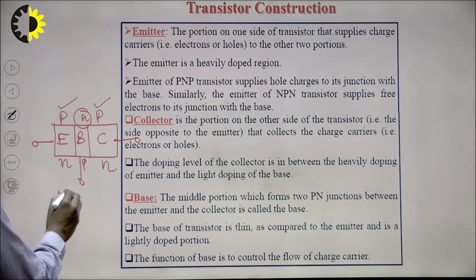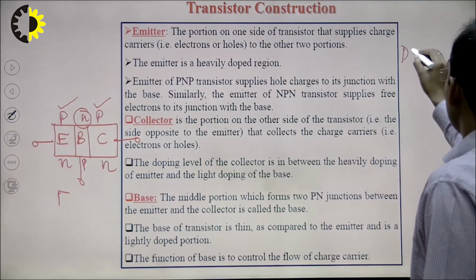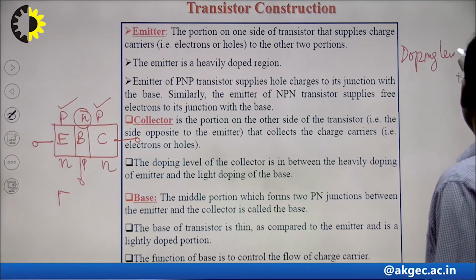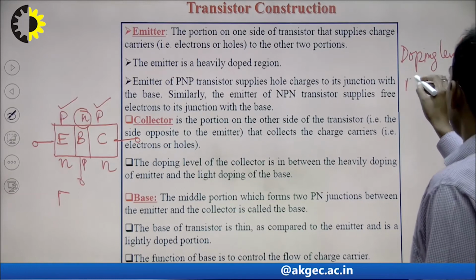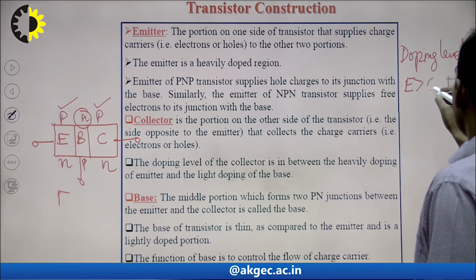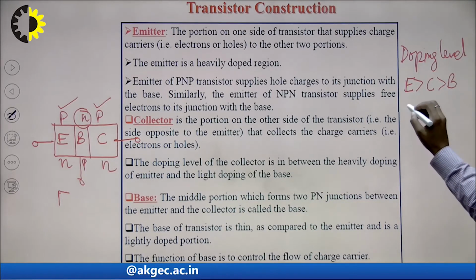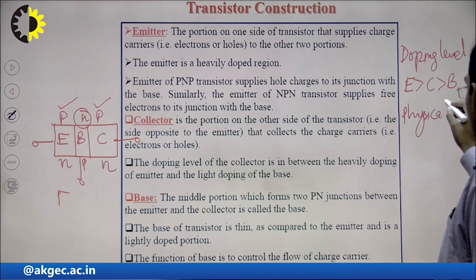As for the doping level of the emitter, base and collector regions: the emitter is highly doped, the collector is moderately doped and the base is lightly doped. And similarly, we can discuss the physical dimension.